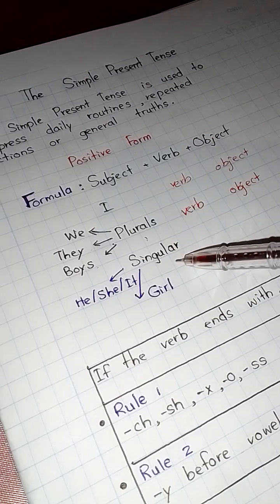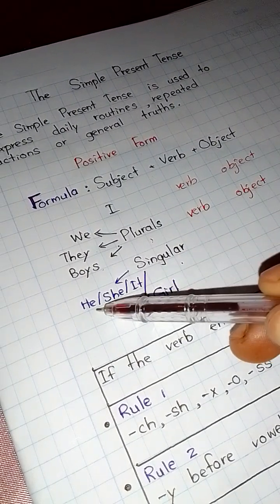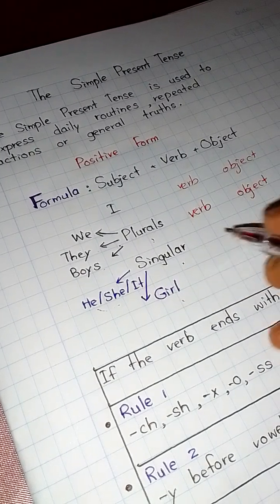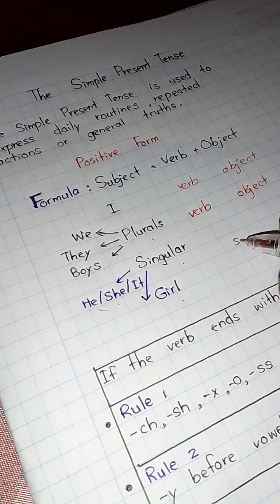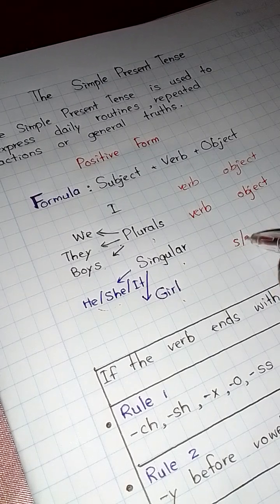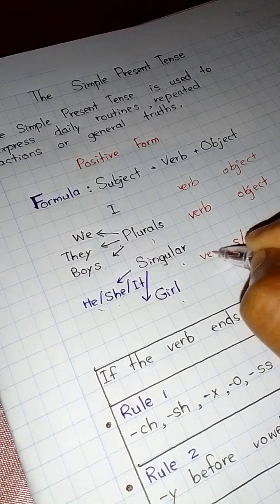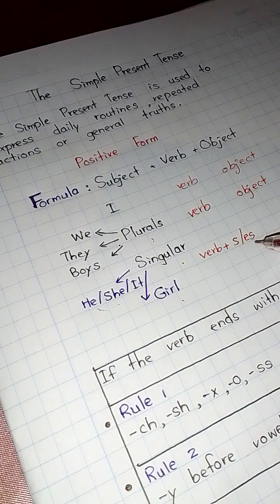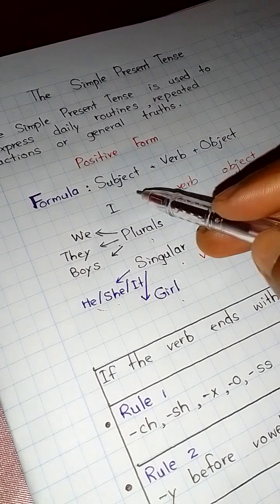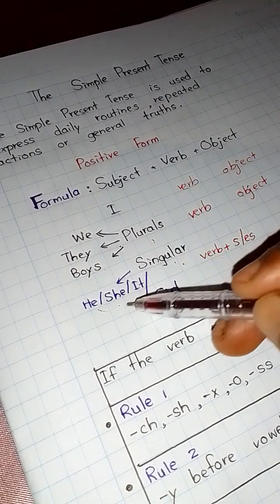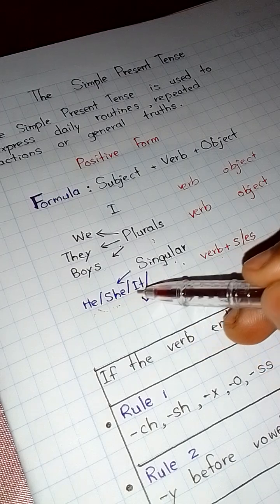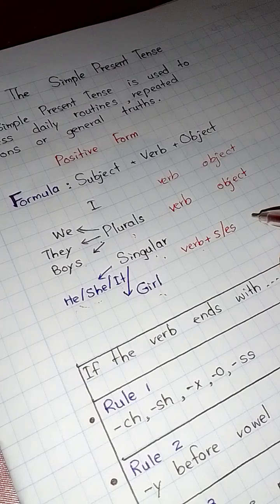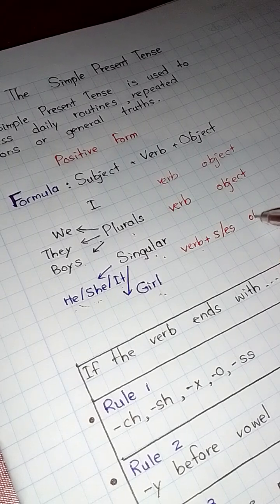If the subject is singular, like the pronouns he, she, it and a singular noun like girl, we should add s or es to the verb. Is it clear? We add s or es at the end of the verb if the subject is singular, like the third person singular pronouns he, she, it and singular nouns like girl. Verb plus s or es and object.